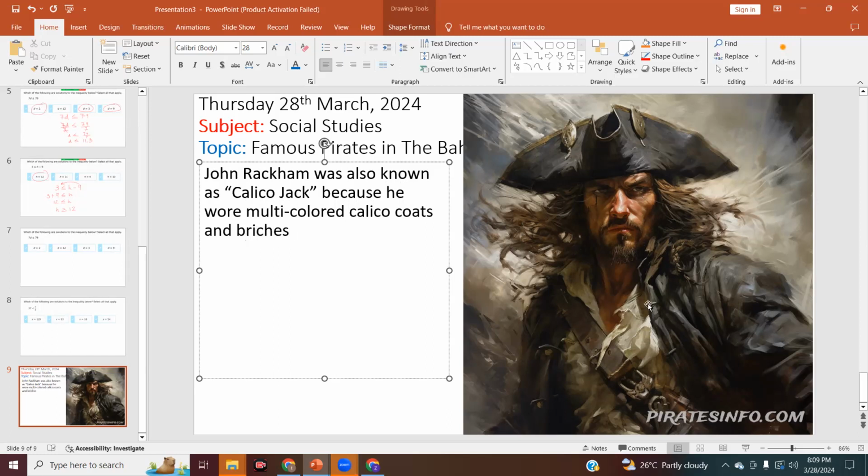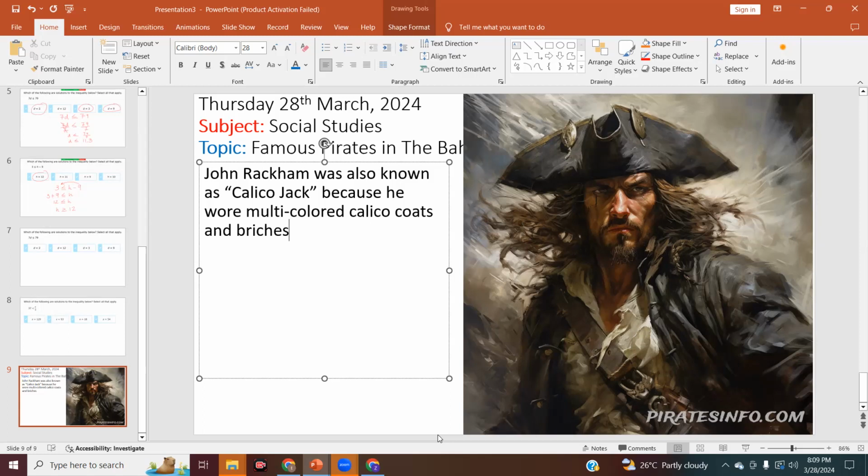So this is a picture of him, and just so you can see the variation of colors that he might wear, I'm going to give you another photo of him, just to give you some insight into his choice of clothing.